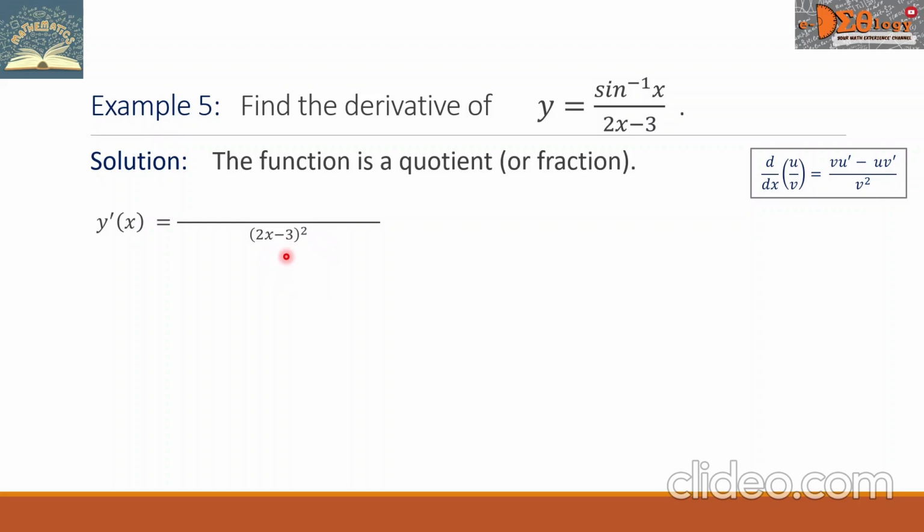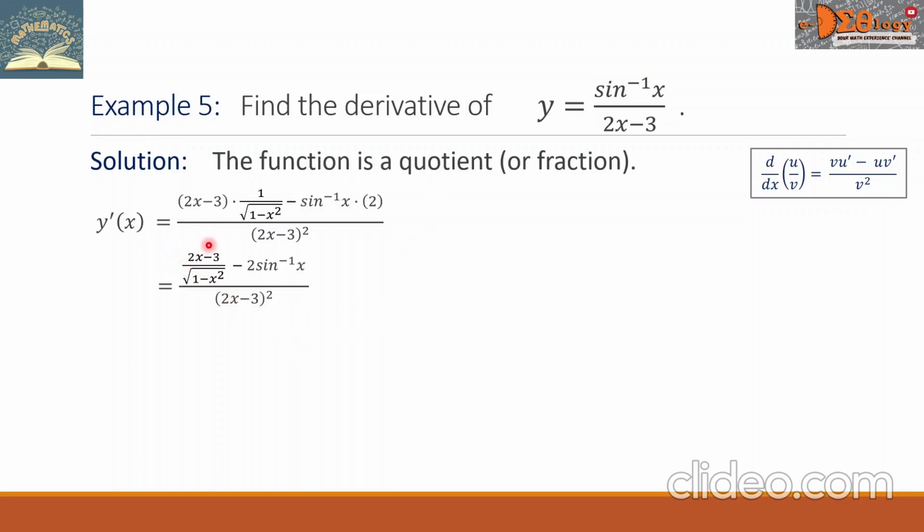Then, the 2x minus 3, we will copy on top, to be multiplied by the derivative of sine inverse x, and that is 1 over the square root of 1 minus x squared. Then, minus, we copy the sine inverse x multiplied by derivative of the denominator. So that is 2.